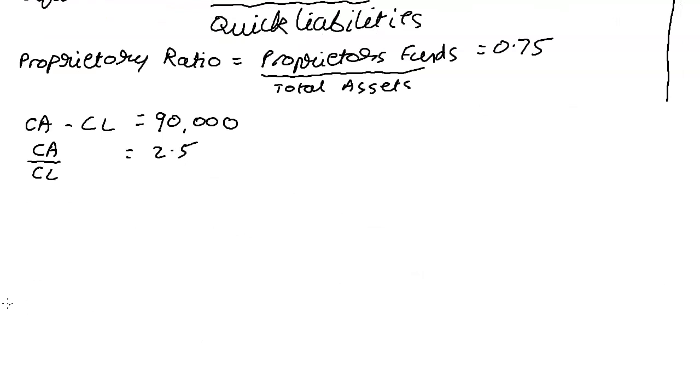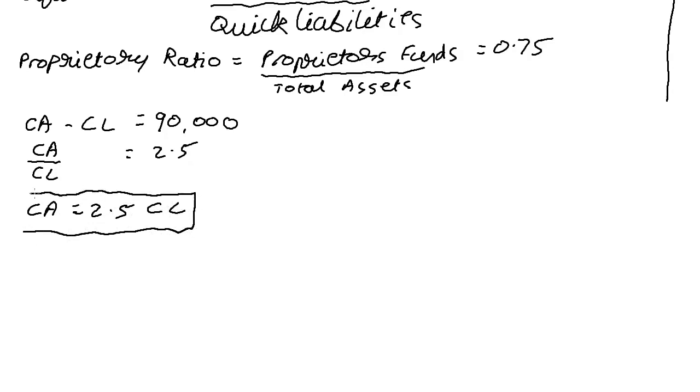We can take this further, where we can say that CA is equal to 2.5 CL, and then substitute this value into that equation.